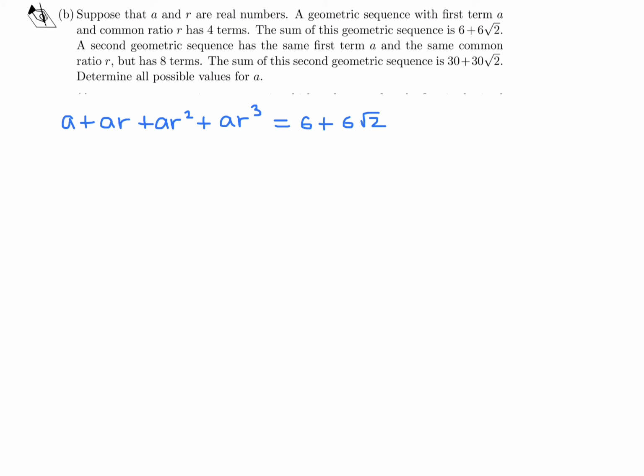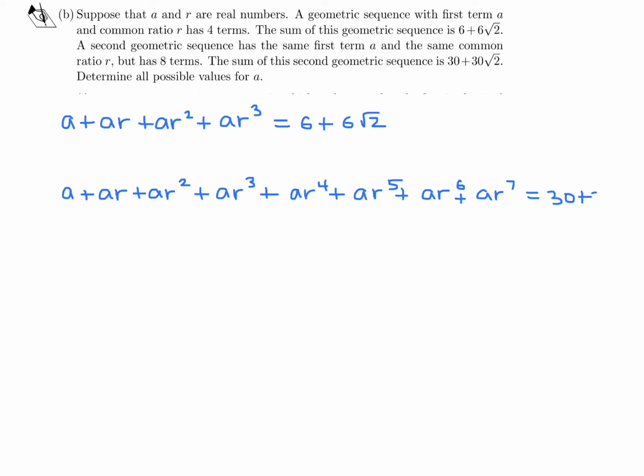Okay, great. And then they're saying that you have another one, but it has 8 terms. So we're going another 4: ar^4, ar^5, ar^6, and ar^7. And when you add those up, that sum they have given as 30 plus 30 root 2. All right. And then we have to figure out possible values for a.